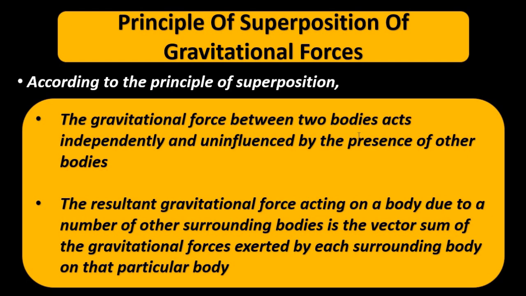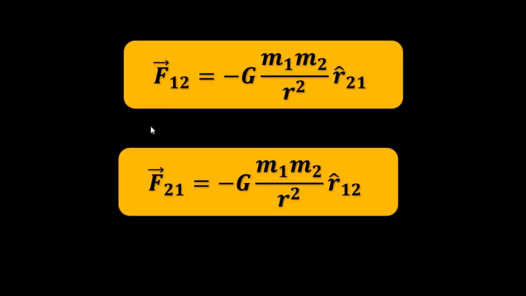And the resultant gravitational force on one single body due to a number of other surrounding bodies is the vector sum of gravitational force exerted by each and every surrounding body on that particular body. That's why we studied the vector representation of gravitational force.